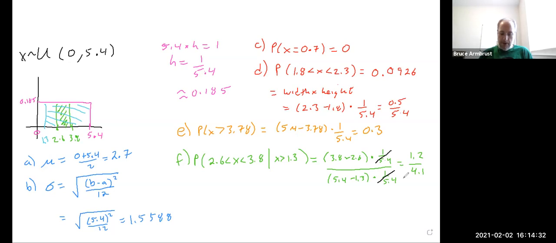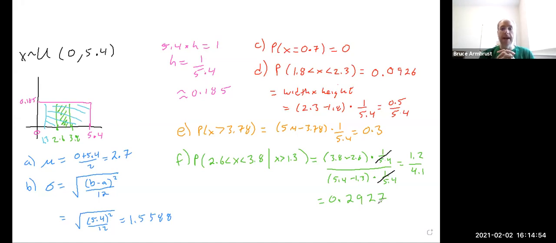So let me do that real quick. And I get 0.29268. Again, we'll round to the 4th decimal place. So again, this is right around 30%.